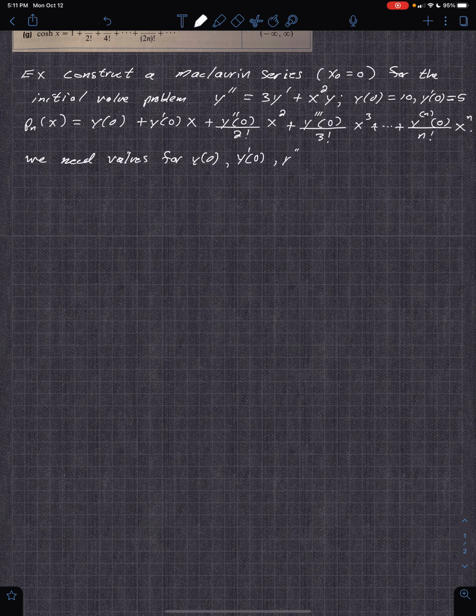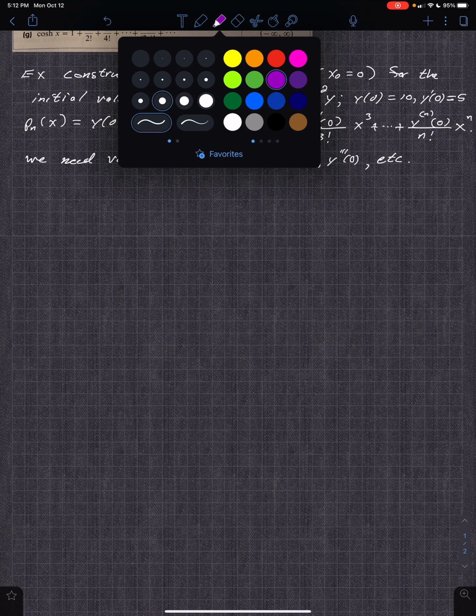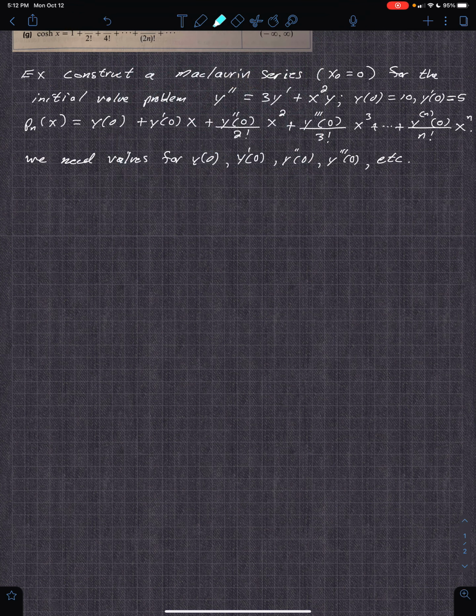And then this is what we have to calculate: y double prime of 0, y triple prime of 0, etc. So we need to expand that out and calculate it. We're actually given those terms. So y of 0 is actually 10, and y prime of 0 is actually 5. And so then we will calculate the others.